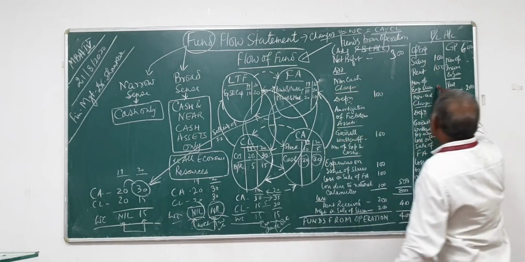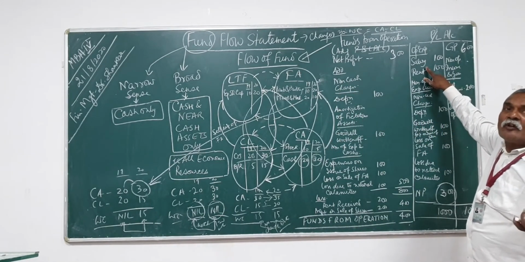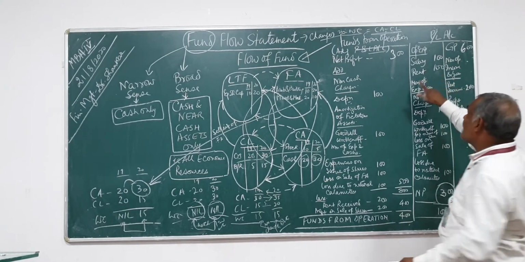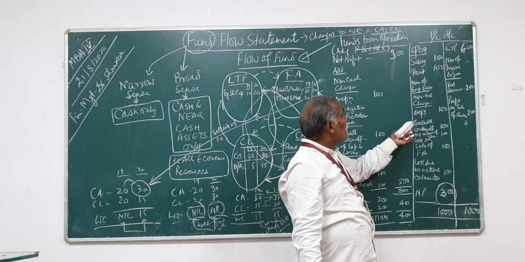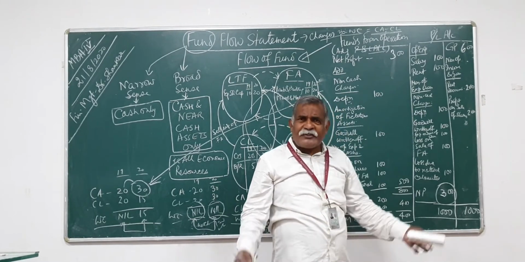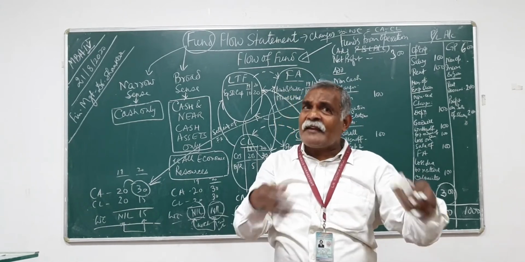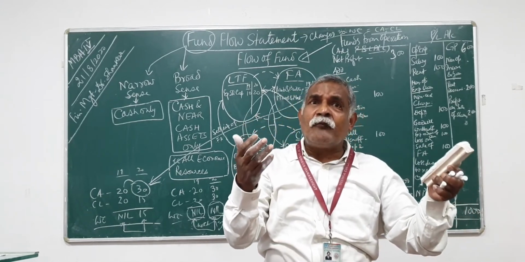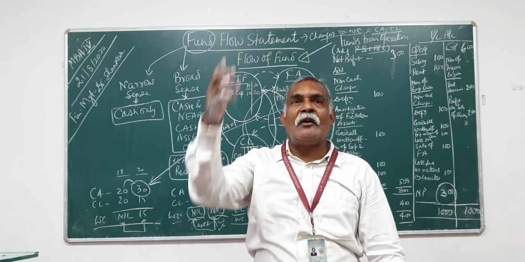Suppose non-operating expenses, non-cash charges: depreciation, salary. Salary is obviously operating expenses. Rent is operating expenses. But what about depreciation? Depreciation is a non-cash charge. We are not paying anyone. We pay for repairs of the plant and machinery, but we are not paying anyone depreciation on plant and machinery.